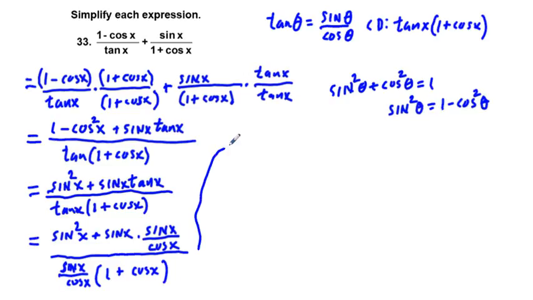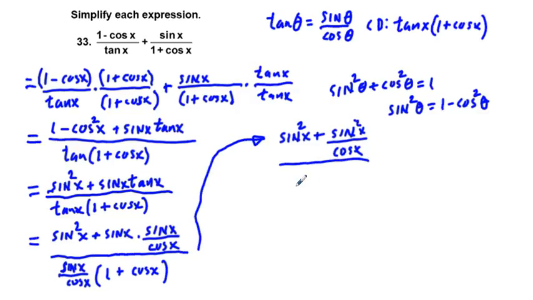Okay, what we have in the numerator is this sine x times sine x, so the numerator becomes sine squared x plus sine squared x over cosine x.